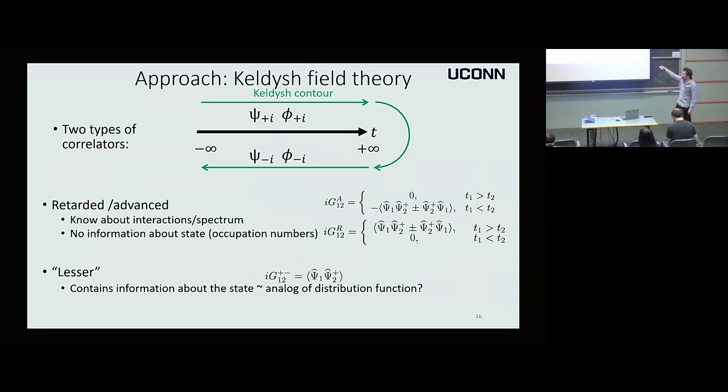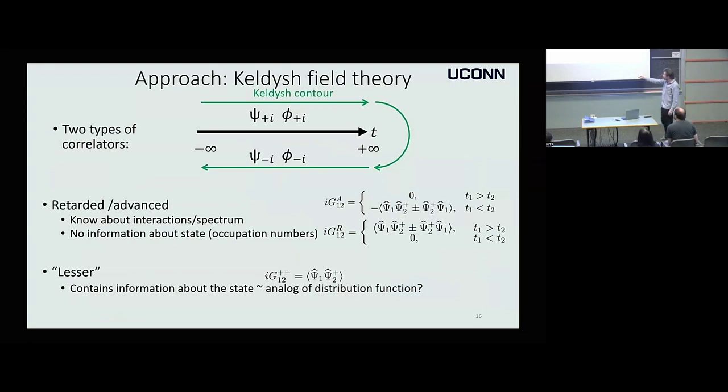And because it's a commutator or anti-commutator, you can understand that if you take these fields at the same point, same time, this is just one, so it doesn't have any information about the state. Yet these are fully renormalized quantum fields, so this Green's function can know about the interactions, they know about the spectrum of the system, but they don't contain the information about the occupation numbers, about the state.